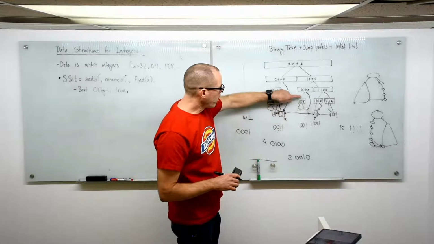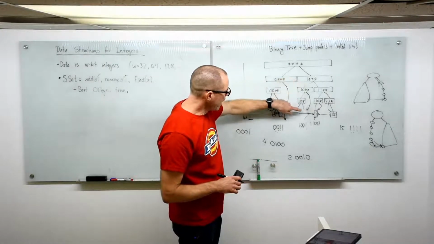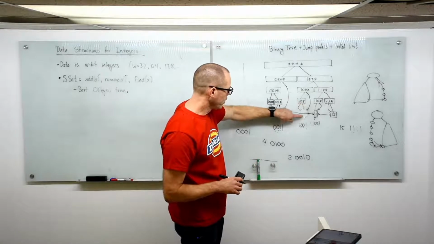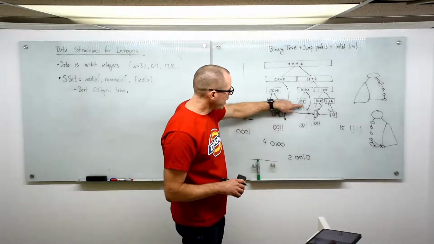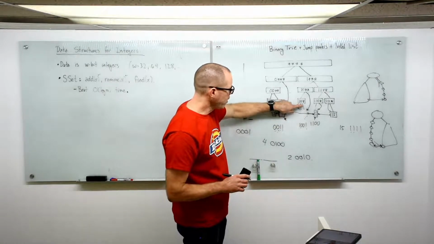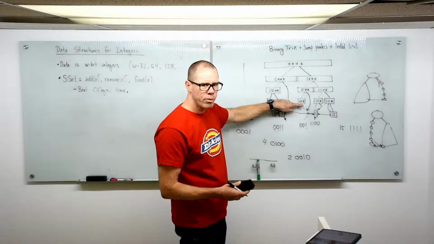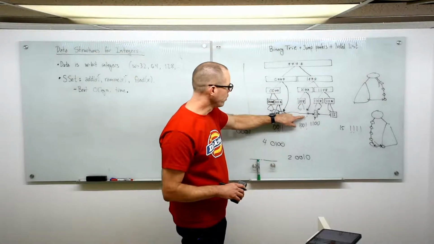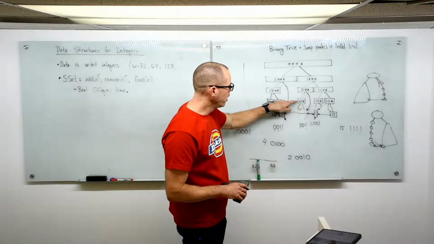And now we want to walk back up and look at each node, after we've deleted 9, and see if that node has any children. And if it doesn't, we need to get rid of it as well. So for instance, this node here, its only child was 9, and we just deleted 9, so it has to go.